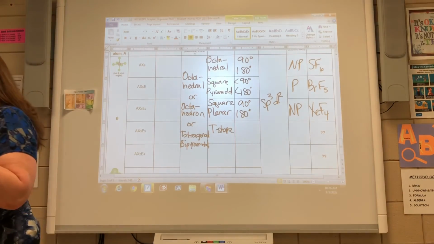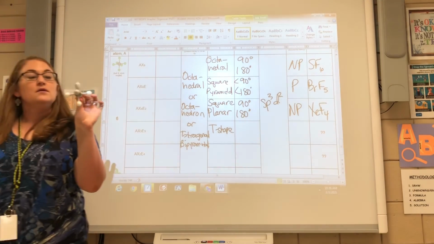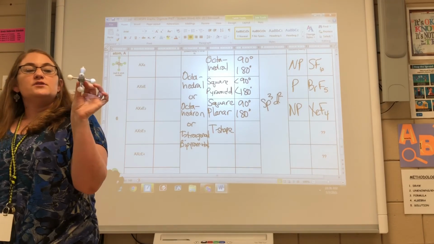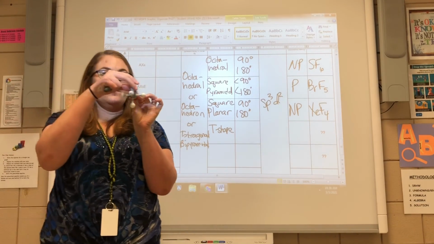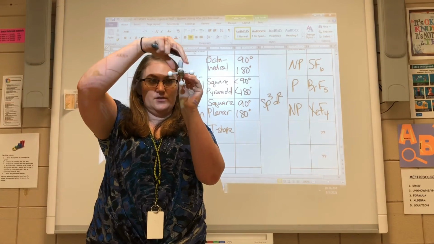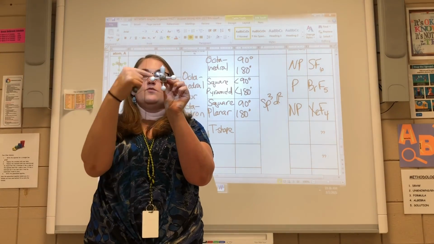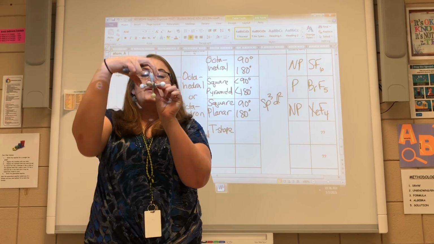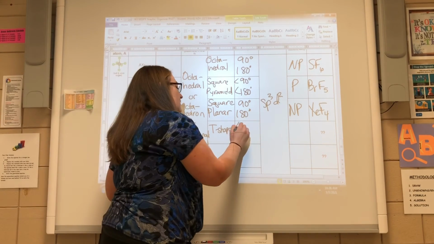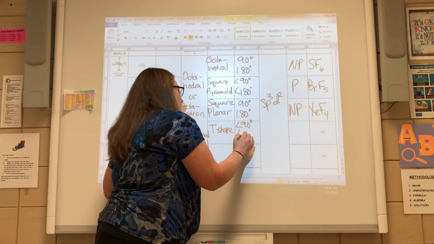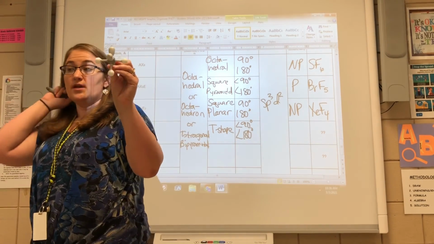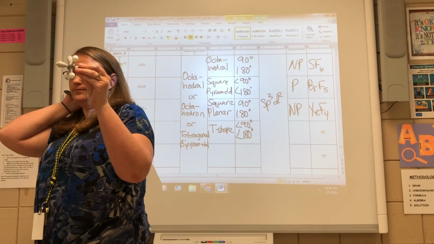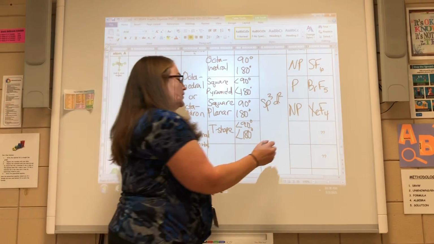That's a T shape. And what bond angles do you think we have? Less than 90 and less than 180, because we stuck this orbital here with electrons. It's going to repel that a little bit. You see the 180 here and the 90, but if it repels it, it's going to be slightly less than 90 and slightly less than 180. So are we looking at polar or non-polar? Polar.